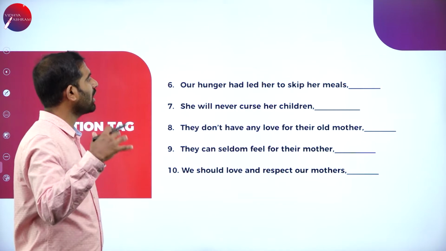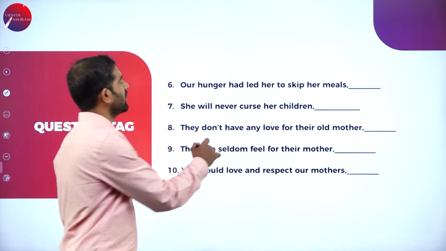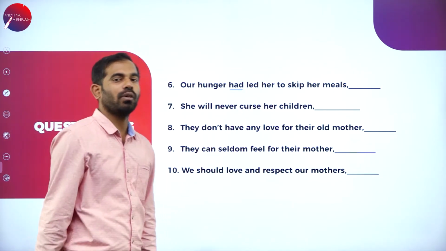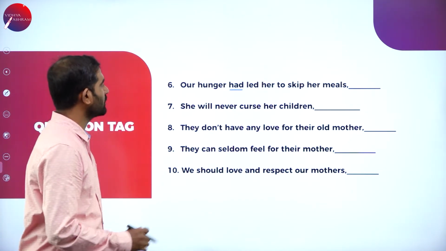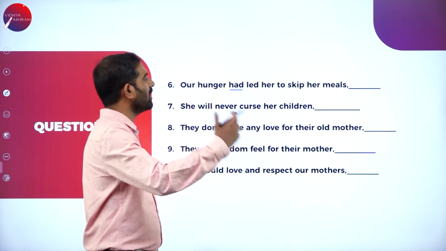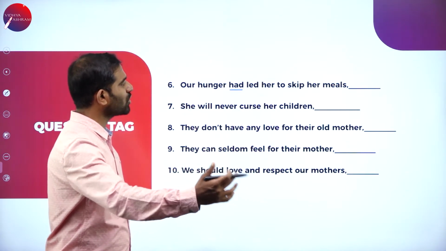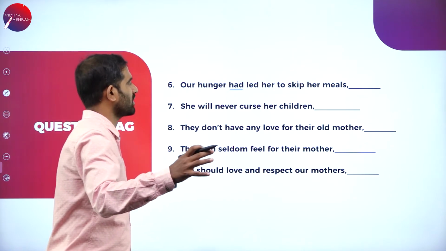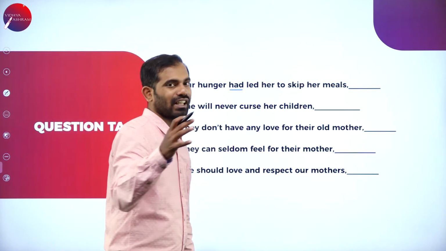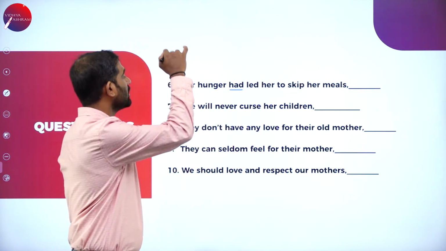Our hunger had led, first thing, had, the auxiliary verb is there. Observe if the sentence is negative or positive. Our hunger had led her to skip her meals. It is sort of positive. So the question tag should be hadn't.